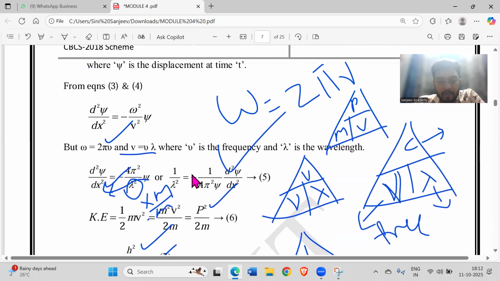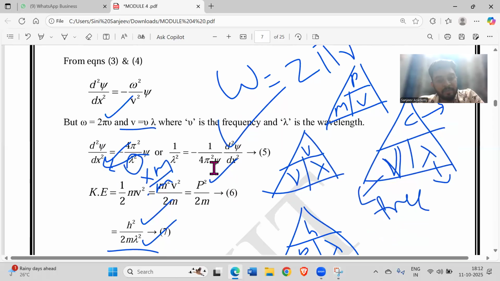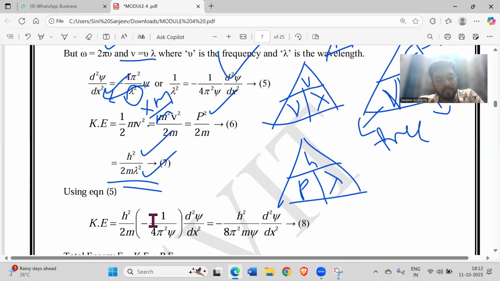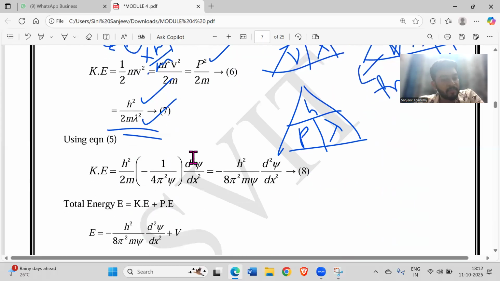Already I got this big value, right? 1 by 4 pi square psi d square psi by dx square and everything. This full thing I will be substituting in place of this 1 by lambda square. So 2 into 4, 8 and everything, you'll be getting this.